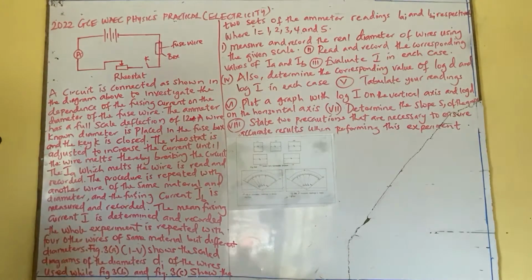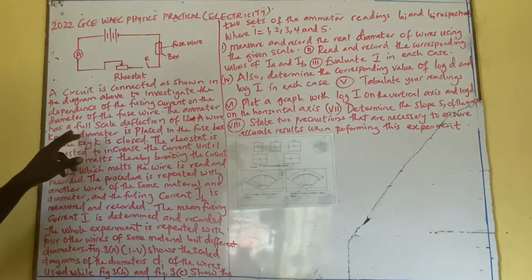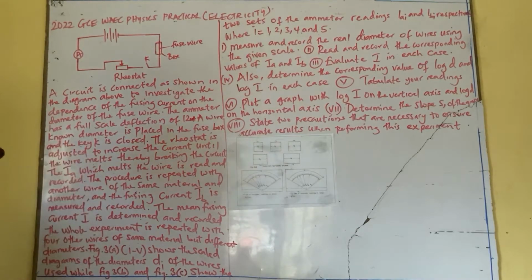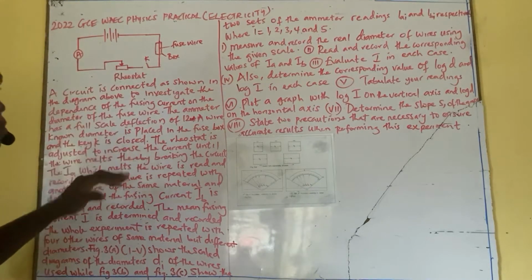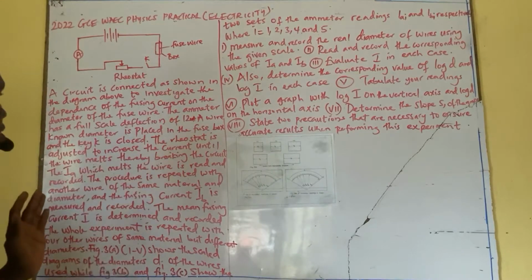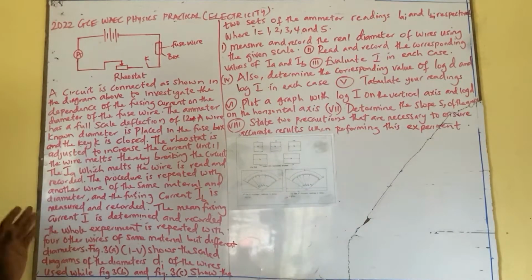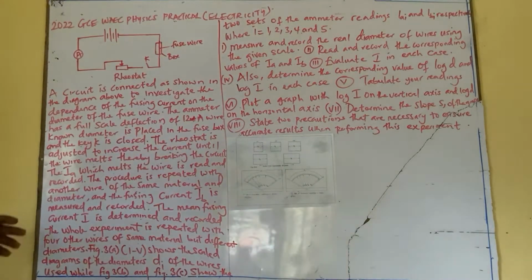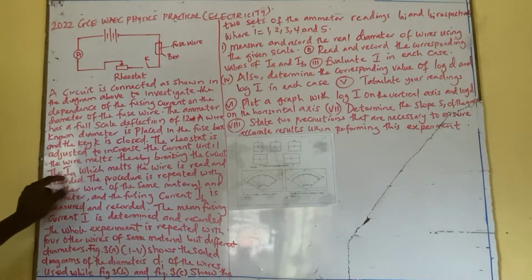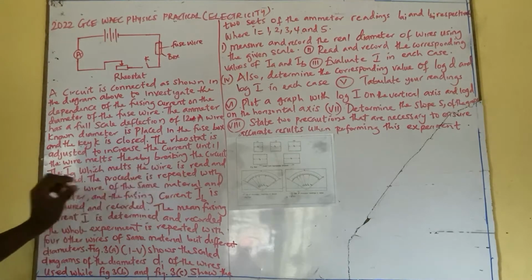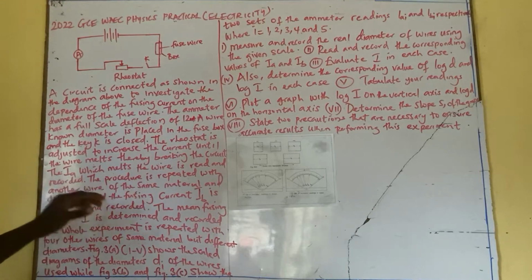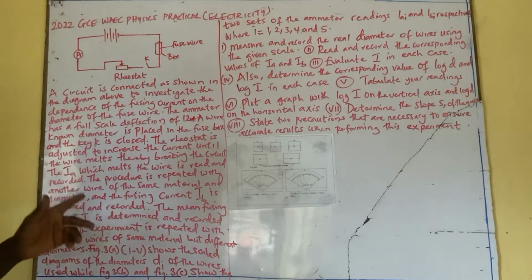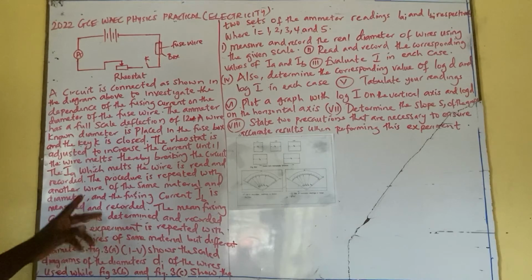Now, a wire of known diameter is placed on the fuse box and a key, K, is closed. The rheostat is adjusted to increase the current until the wire melts, thereby breaking the circuit. So the current IA, which means the wire's fusing current, is read and recorded, and the procedure is repeated for another wire of the same material and diameter, and the fusing current IB is measured and recorded.